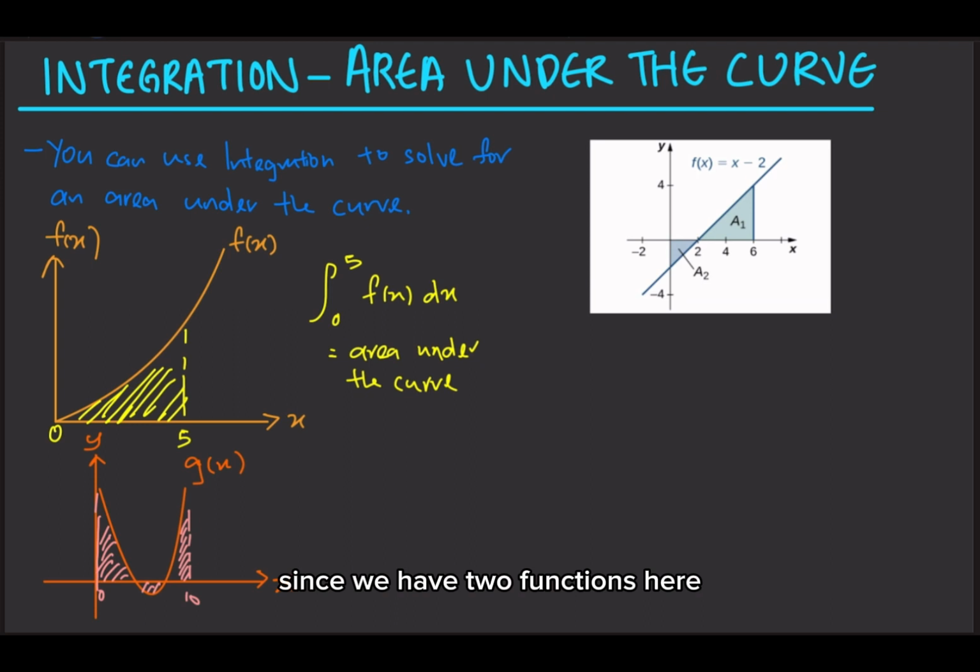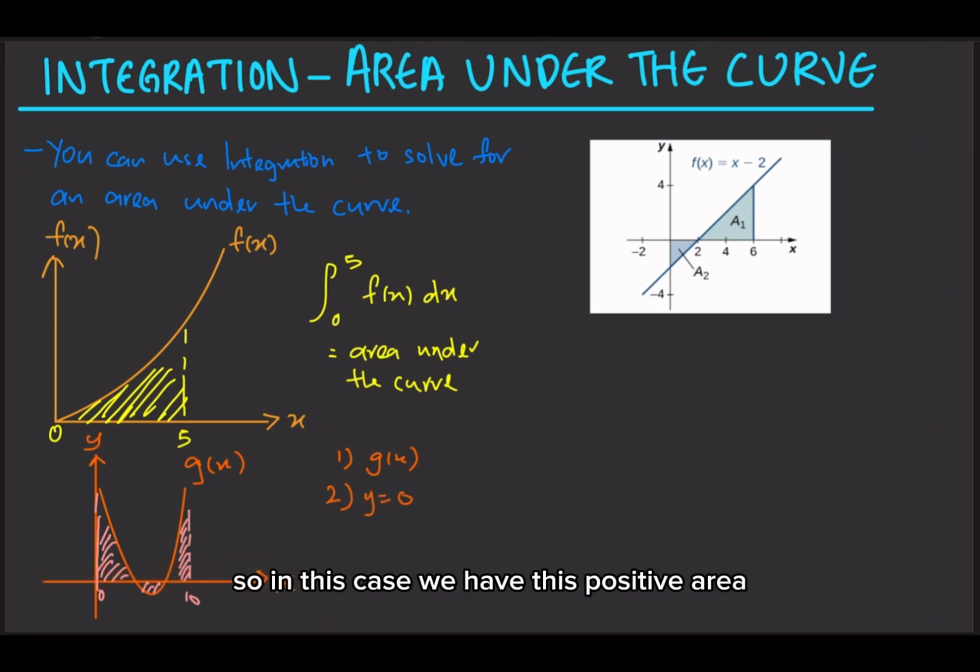Unfortunately, since we have two functions here, what two functions? Our first function is g of x, and our second function is basically y equals 0, right? This line right here is y equals 0.